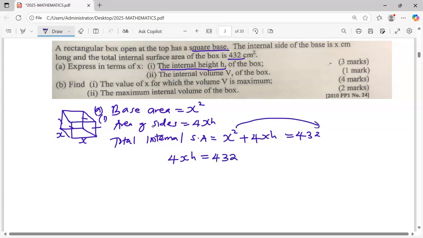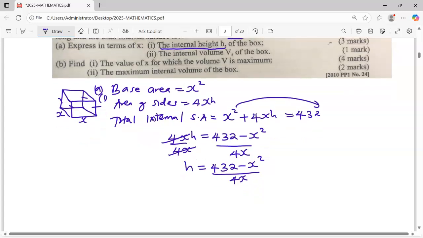Then x squared moves to the other side and becomes a minus. For us to remain with h, we divide both sides by 4x, and therefore 4x and 4x will cancel, which brings us to h being equal to 432 minus x squared, divided by 4x. That becomes the first part of the question.